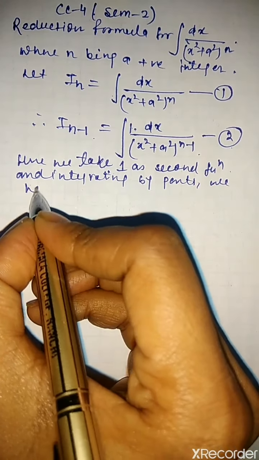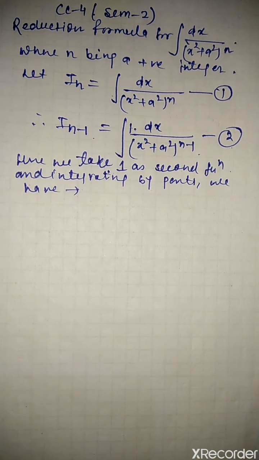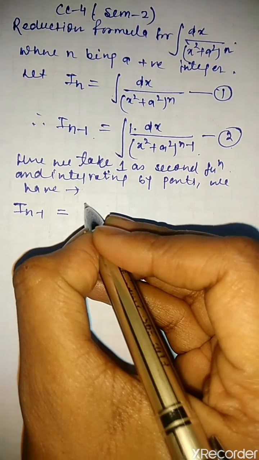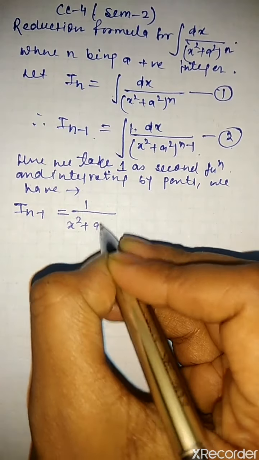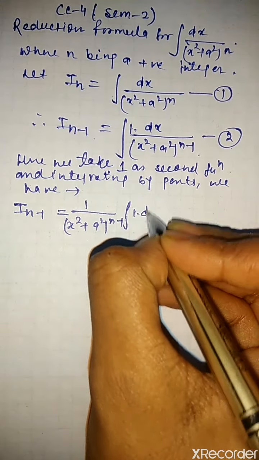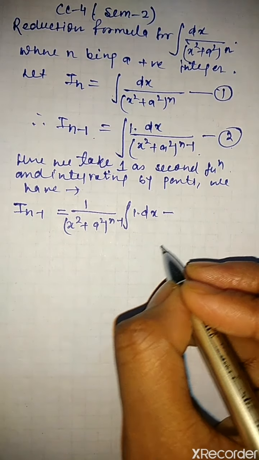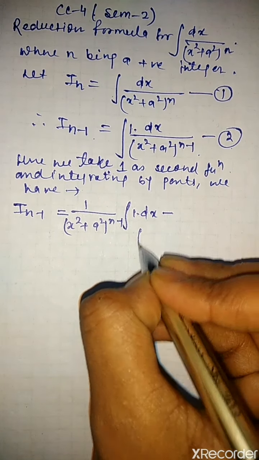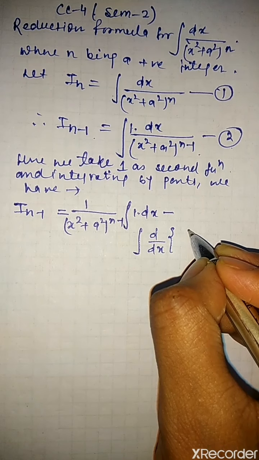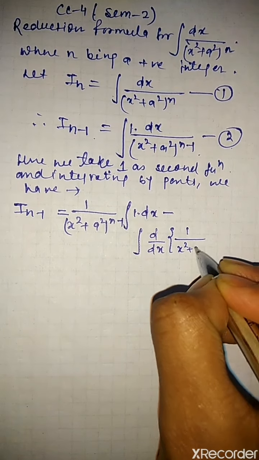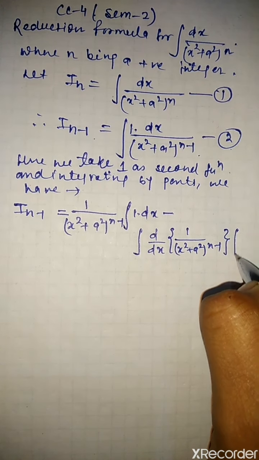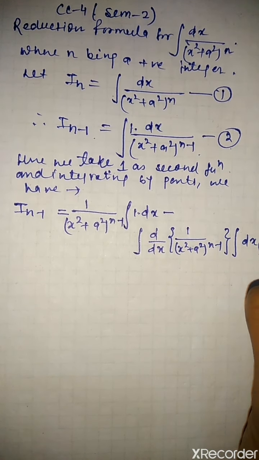So what we have here is I_(n-1) equals 1 by x square plus a square to the power n minus 1, and then integration of 1, then minus we have integration of d by dx of the function 1 by x square plus a square whole to the power n minus 1, and then integration of dx, and whole dx.